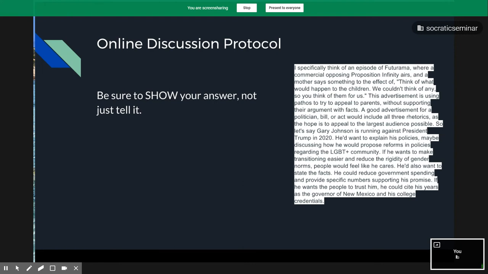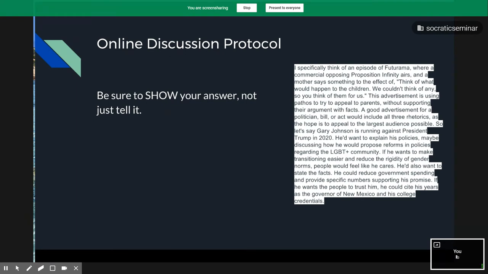I really like this one because it offered two or three examples and really made the point. This one happened to be about persuasion and the different ways that it's done. So I specifically think of an episode of Futurama where a commercial opposing proposition infinity affairs, and a mother says something to the effect of, "Think of what would happen to the children.